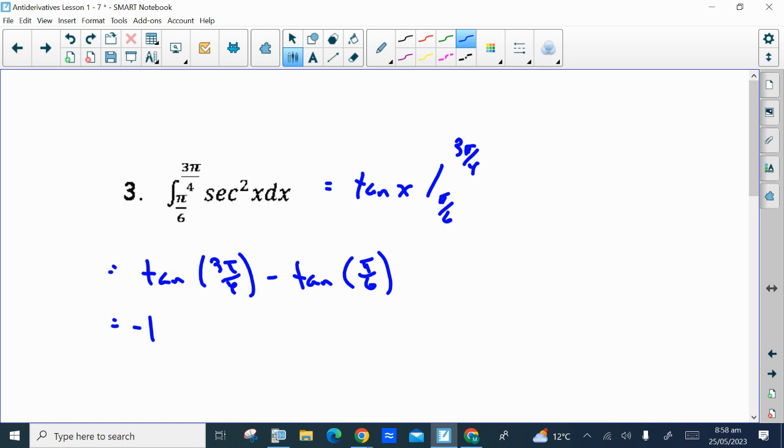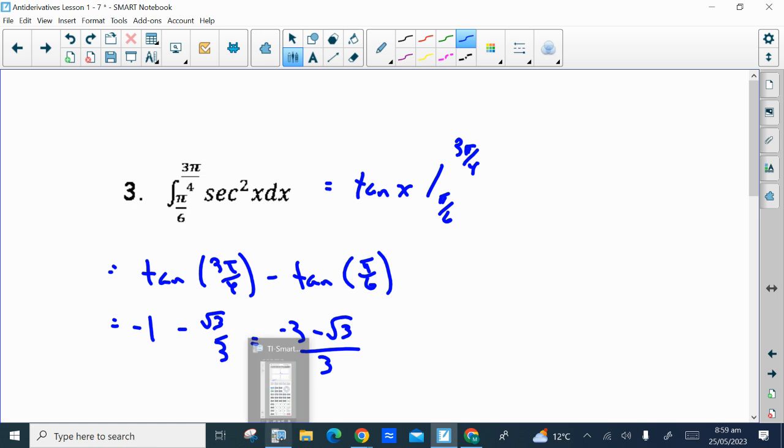But because you're in the second quadrant, that's our S quadrant, tangent is negative. Minus the tangent of pi on 6, which is root 3 over 3. If I write 1 as 3 over 3, it'll be -3 minus root 3, all over 3.